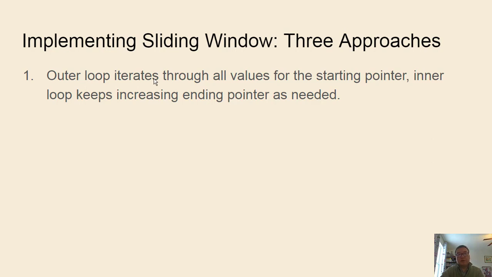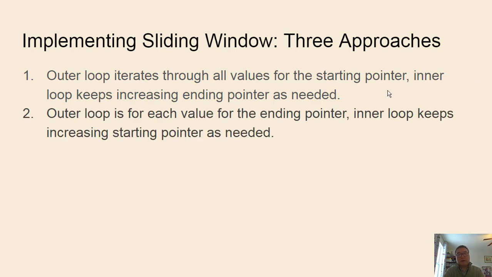The outer loop will loop through all the values for the starting pointer, and then the inner loop will keep increasing the end pointer as needed. Another way is the outer loop is for every possible value of the end pointer, and then the inner loop will keep moving the starting pointer, the left pointer, as needed.